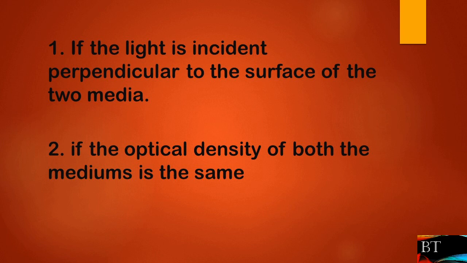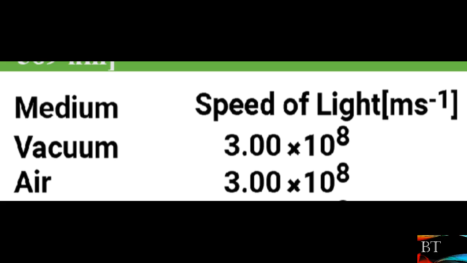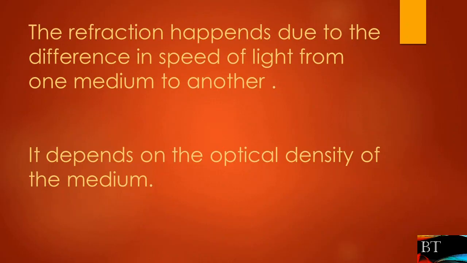For example, when light ray passes from vacuum to air, it does not suffer any refraction because speed of light in vacuum and in air is same, and hence the optical density of both the mediums are same. Hence we can conclude the refraction happens because of change in speed of light from one medium to another, and it depends on the optical density of the medium.